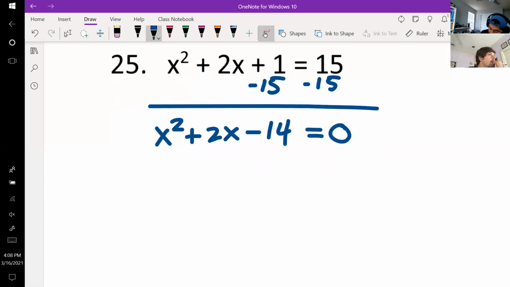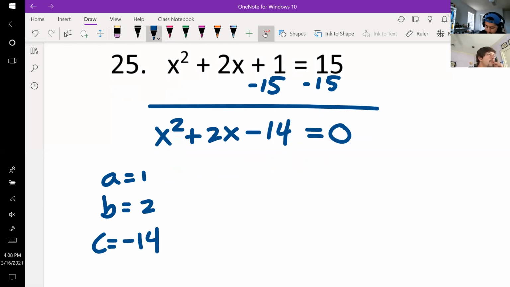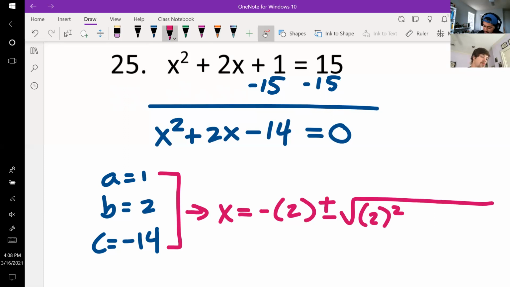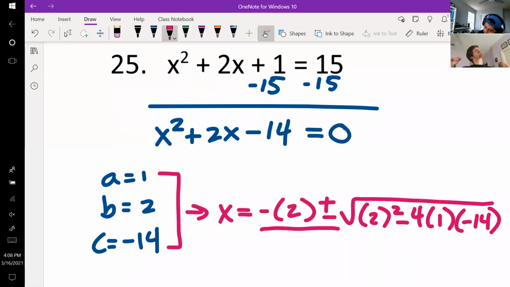Okay, where a is 1, b is 2, c is negative 14. Put these into the quadratic formula. x equals negative b plus or minus the square root of b squared minus 4 times a times c, all over 2 times a.